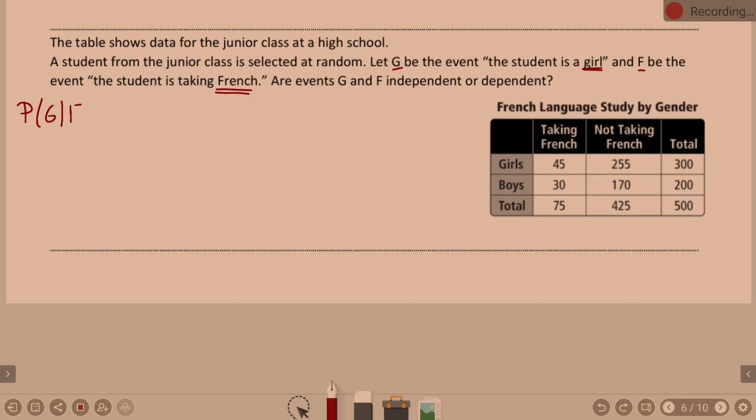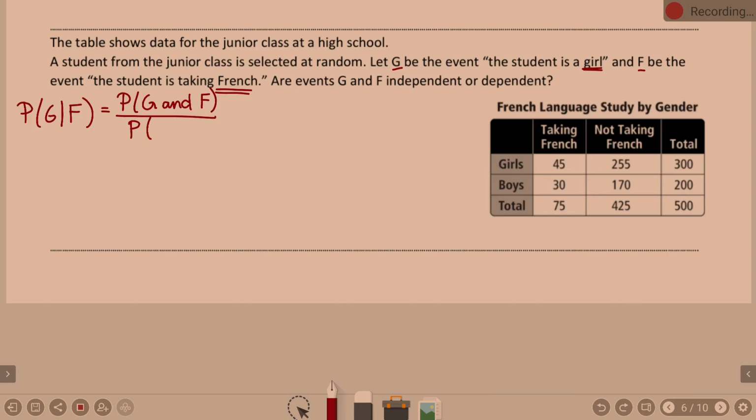The probability that it is a girl given she is taking French. On top, it's going to be what? A student that is a girl and in French, divided by the probability the student is in French.